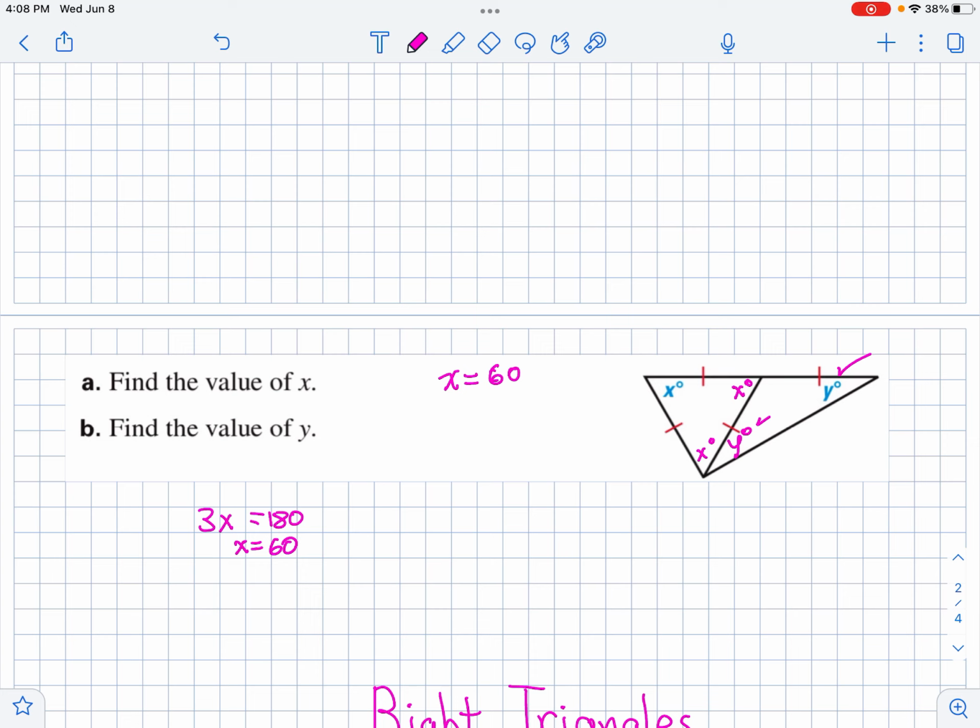Now we've got to figure out what y is. Well, remember that we observed before that this x is an exterior angle, so it's equal to the sum of the opposite angles, not these two angles over here. So it's y degrees plus y degrees. So here's what we've got: x equals 2y.